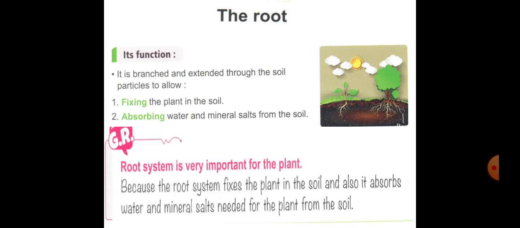Give reason: the root system is very important for the plant. Of course, because the root system fixes the plant in the soil, and also it absorbs water and mineral salts needed for the plant from the soil.